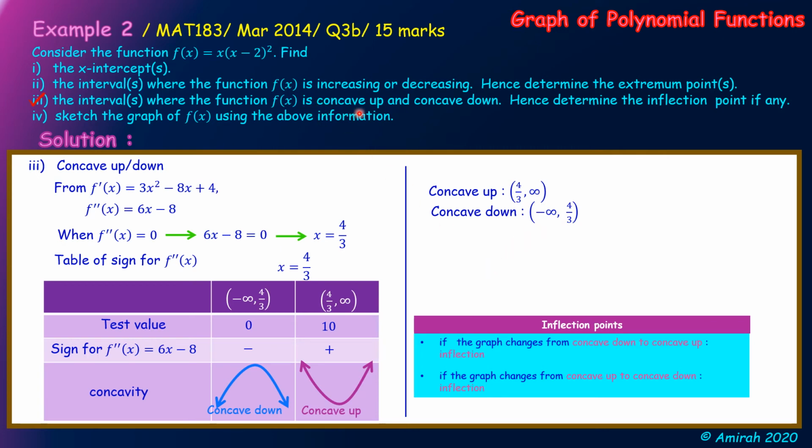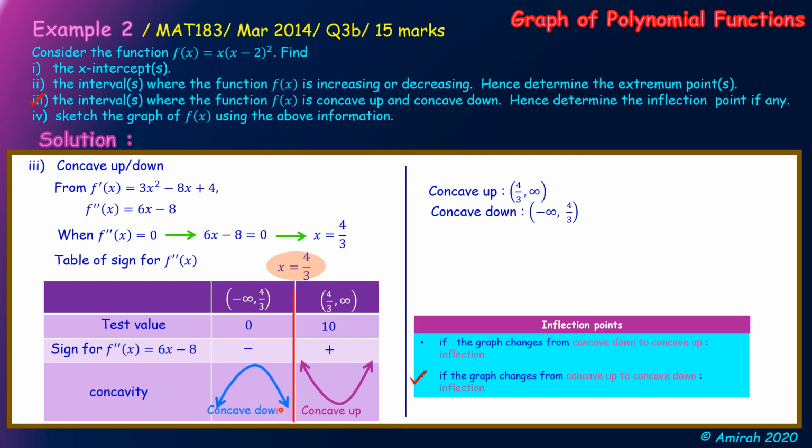And after we find the concavity, we can determine the inflection point. To find the inflection point, if the graph changes from concave down to concave up, it means we have an inflection point. Now at x equals 4/3, the concavity changes from down to up.